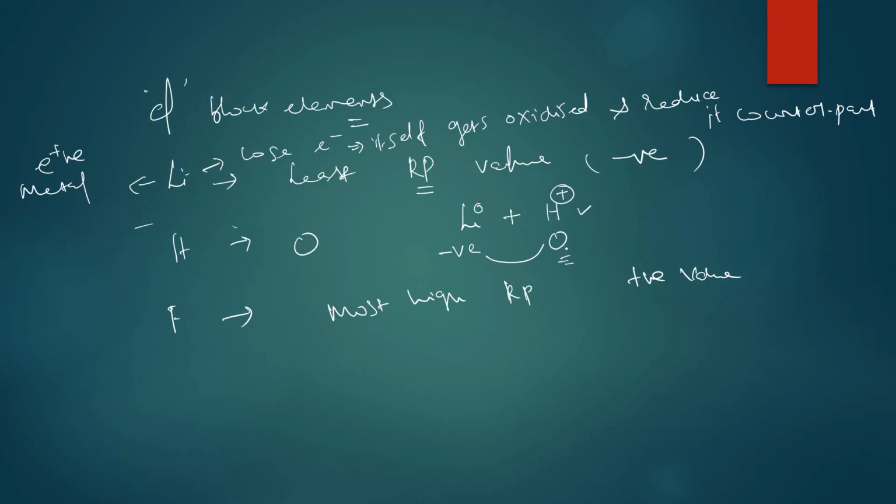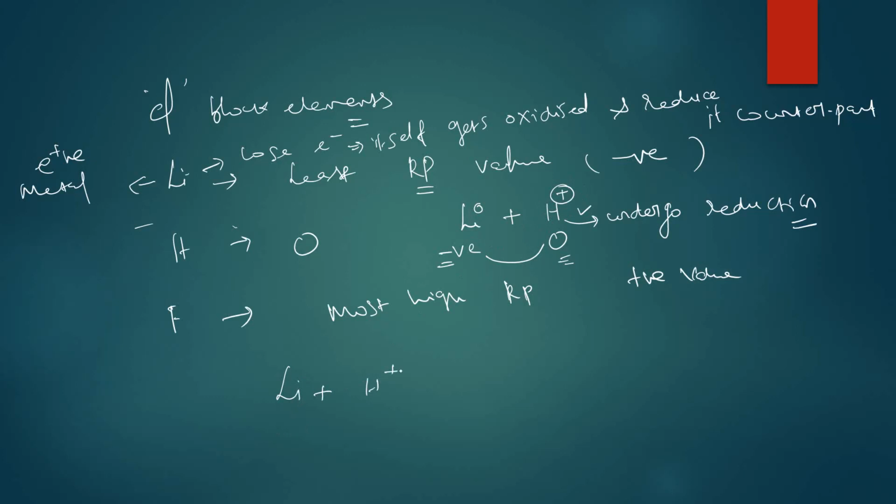The thing which has the highest value of reduction potential will undergo reduction, right? Here lithium has the least value, so it itself gets oxidized and helps in the reduction of hydrogen.